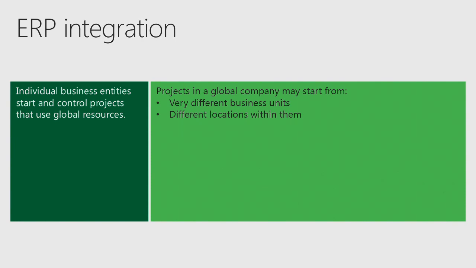Different locations even within a business unit. So again, if we think about the global picture, I want to be able to offer a solution that fits all my users based on which part of the company they work for and where they are based. So this is really kind of a matrix which determines what environment they would get for planning.